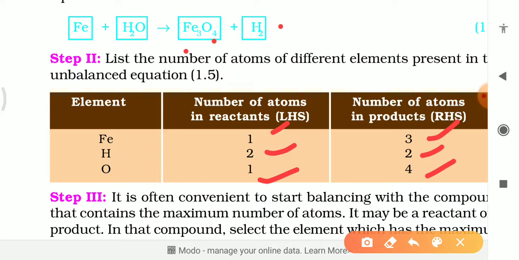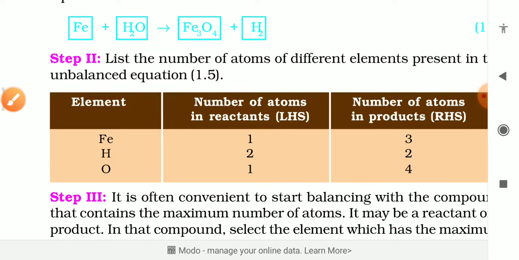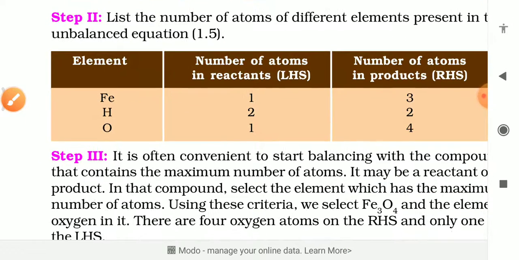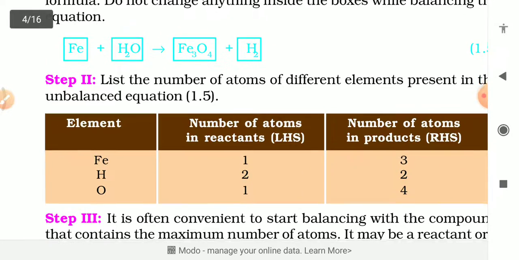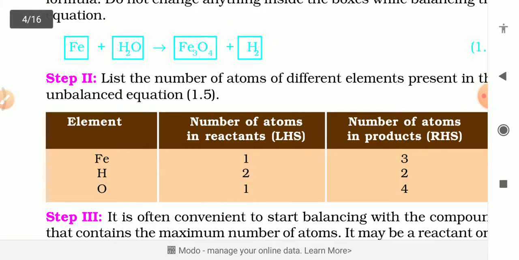Now let's move to how to balance the equation according to these rules. According to the rules, we will move one by one, following the rules. Then you will see the reaction: Fe plus H2O is equal to Fe3O4 plus H2.